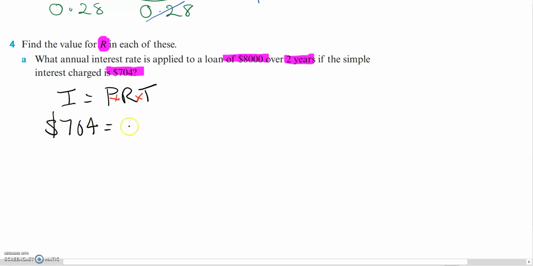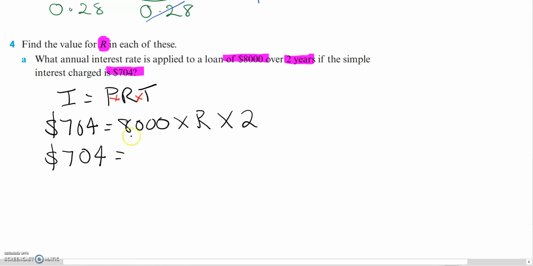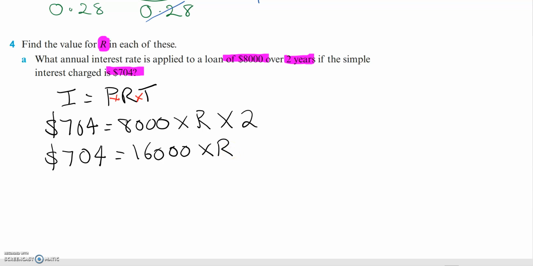704 equals P, $8,000, multiplied by R. We still don't know what that is. That's what we're looking for. And we're multiplying that by 2 years. That's 704. 8,000 times 2 gives us our 16,000, and we need to multiply that by R. We have done this already.